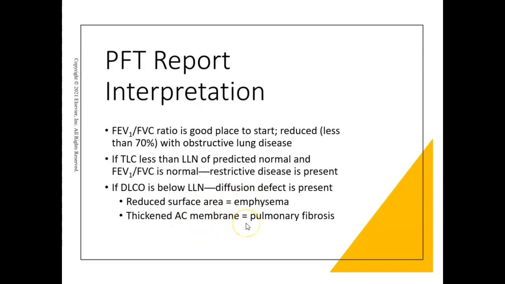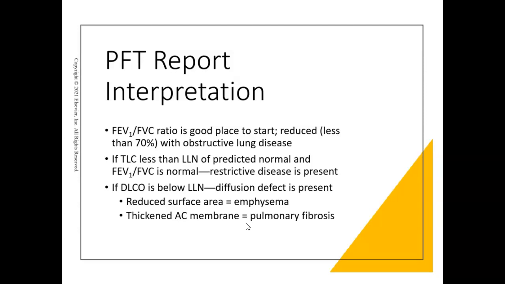All right. So your PFT interpretation with your patient. When you're interpreting your PFT reports, there's a lot of different strategies out there for doing this. A lot of pulmonary function testing equipment has software that will interpret it for the doctor, just like EKGs.